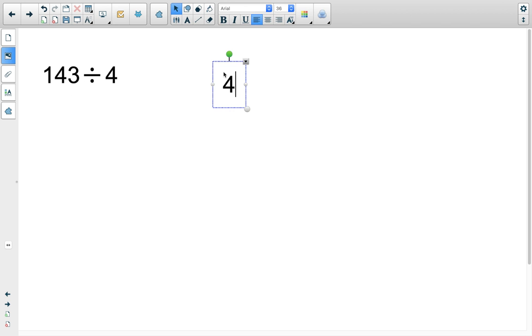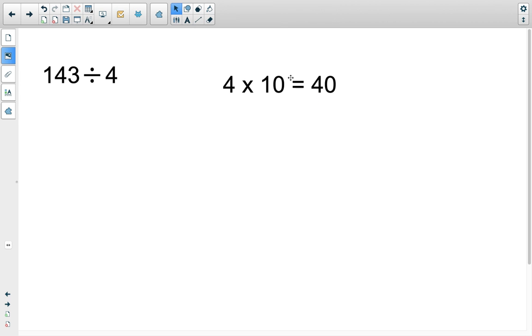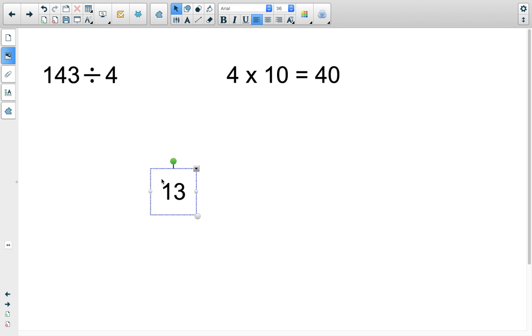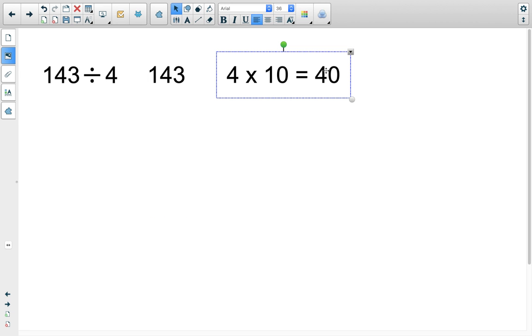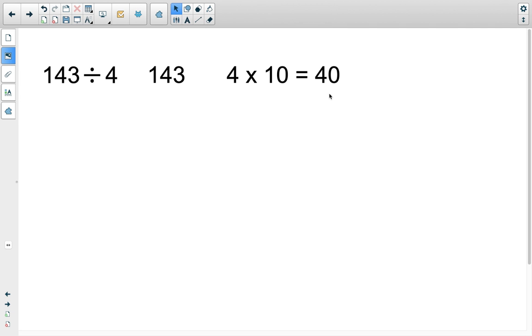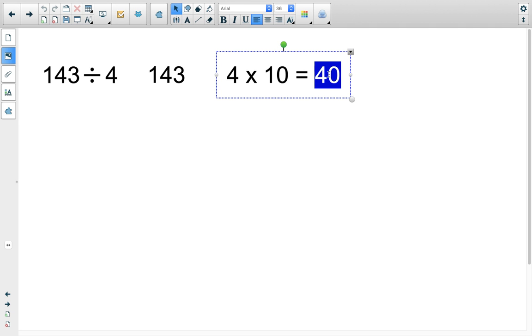So I'm thinking 4 times 10 equals 40. So I know that 4 times 10 equals 40. So that's my first one. And now I'm going to take my 143 and my 40, and I'm going to move it down here. Whoops, that's not what I want to do.